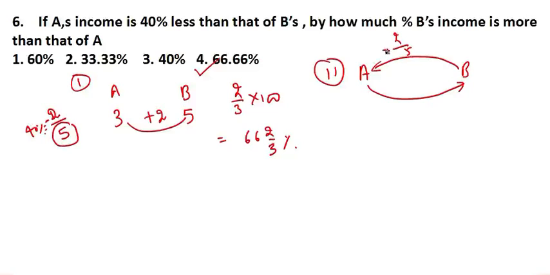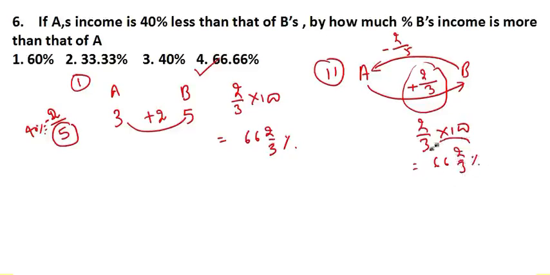Here this is a minus sign, so here it will be plus. The upper number will remain as it is, and since there is a minus sign, just subtract. It will be 3. So the fraction 2 by 3 again gives 66 2/3%. So B's income is 66 2/3% more than A's. Fourth option.